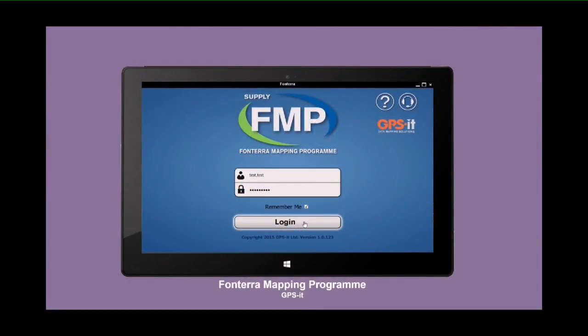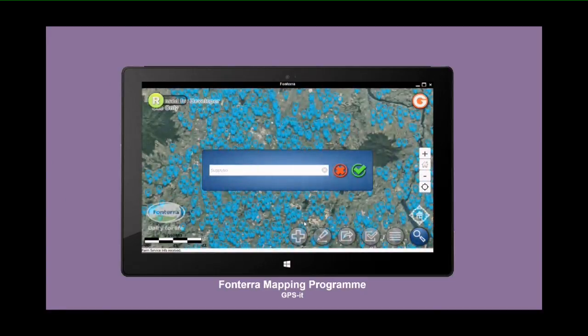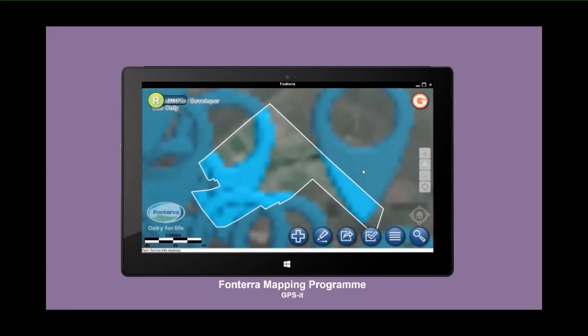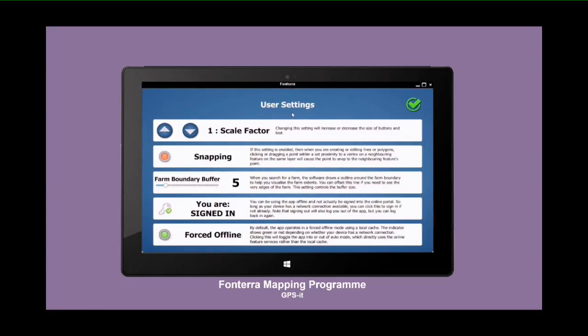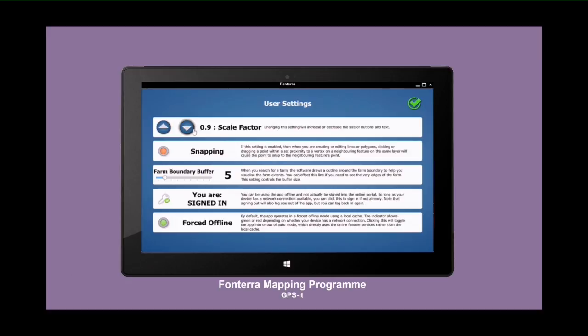And then we have customers like GPS It, who built this really cool application for Fonterra. It's a large dairy farming company in New Zealand. And this is fully custom, where they zoom into a farm, they clip out the area, take it offline, and they do buffers and other things along the streams that go through the farms.